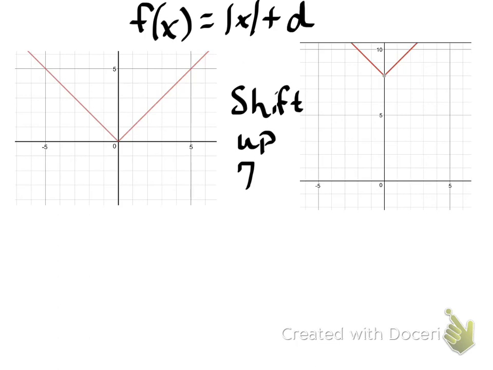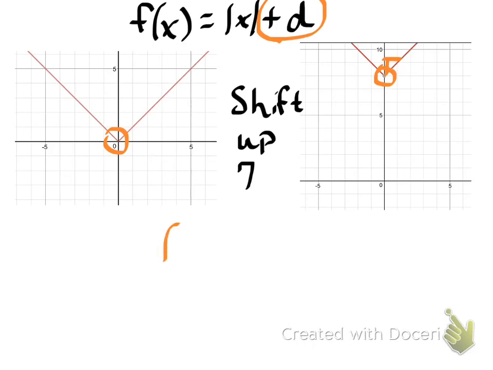So let's take the first one. What happens if I have a plus something at the end? Your vertex has now just been shifted up, and you still have that slope of up 1 over 1 each way.